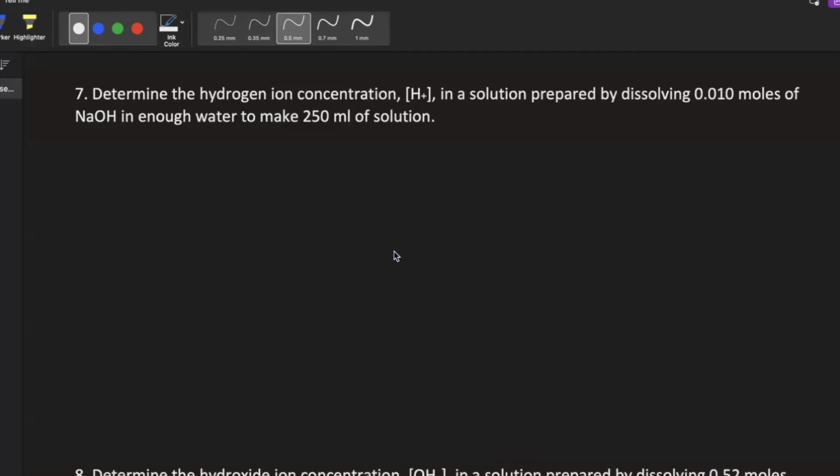So for this problem, we need to know first that the hydrogen ion concentration, H plus, times the hydroxide ion concentration is always going to equal 1 times 10 to the negative 14th. Memorize this. So what we want to find is this. But we know that NaOH is a strong base.